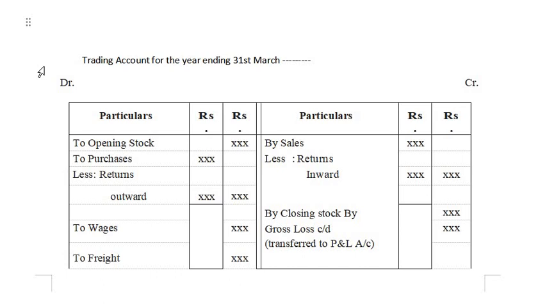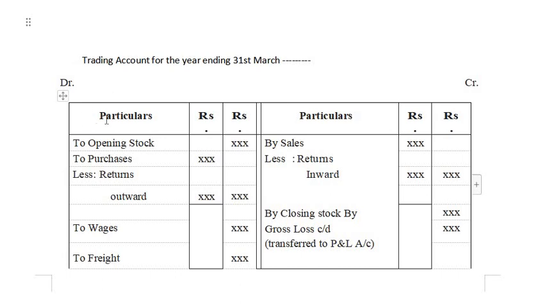This is the format you have to follow. In the center of the notebook, write: Trading Account for the year ending 31st March 2023. For example, I'm saying this year 2023. This is an account, and an account means we have a debit and a credit.